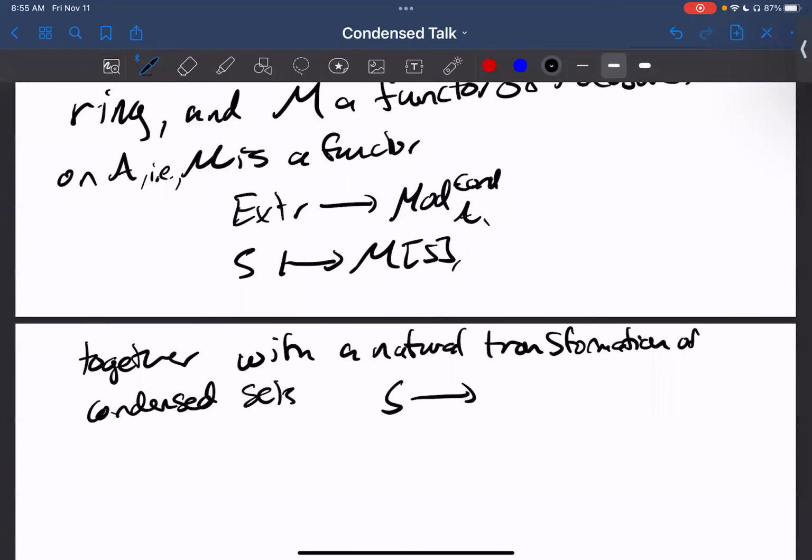I won't usually distinguish between considering them as a condensed set and as a topological space, because again, topological spaces, nice ones, embed fully faithfully into condensed sets, so there's not really anything to distinguish.